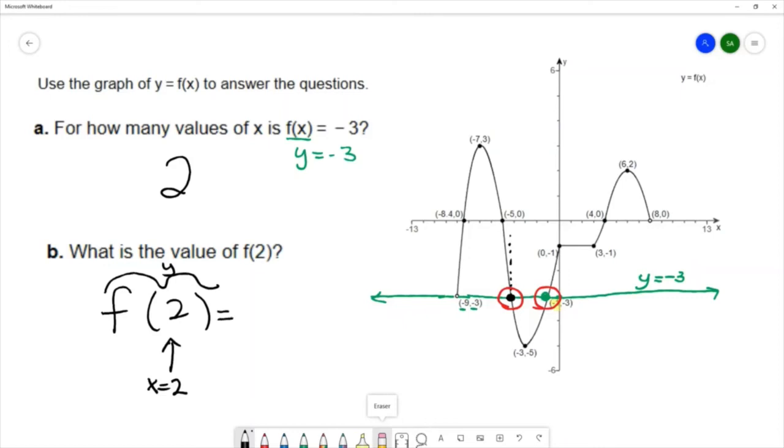So it's asking me to say what is the y value when x equals 2. So I'm going to go to my picture, find an x value of 2, and go over to the graph to see what that y value is. And that y value is -1. So f of 2 is -1.